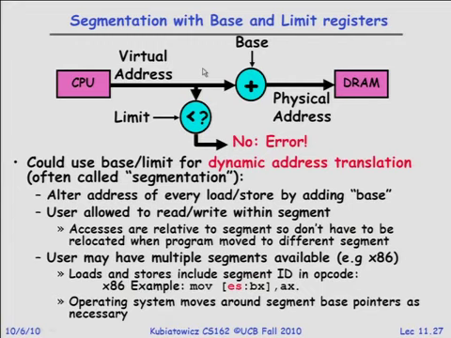So, what are some problems with this? Well, this segmentation model seems good, except notice what happens. So we're going along, and the operating system puts process 2 here and 5 there and 6 there, and then process 2 ends, and it puts process 9 there, and then process 10 comes along, and then, I don't know, process 5 ends or whatever.